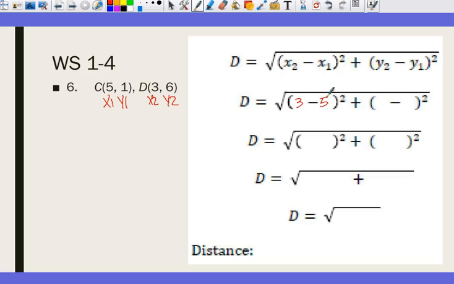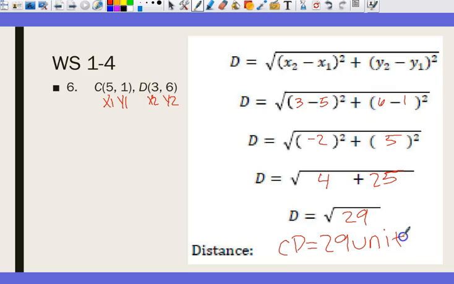So we have 3 minus 5, which is -2, good job. 6 minus 1 is 5, good job. -2 squared is 4, and 5 squared is 25. 4 plus 25 is 29. And is that correct? No. You're forgetting your square root sign.